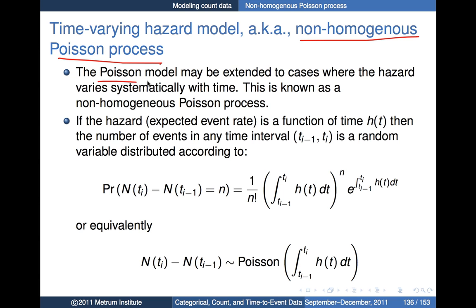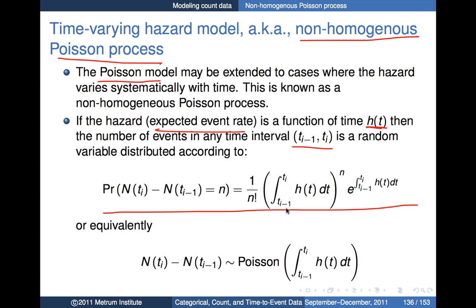So it turns out that the Poisson model can be extended to those cases where the hazard varies systematically with time. Again, that's known as the non-homogeneous Poisson process. If the hazard, our expected event rate, is a function of time, then the number of events in any time interval, t_{i-1} to t_i, is a random variable distributed according to the relationship you see here.